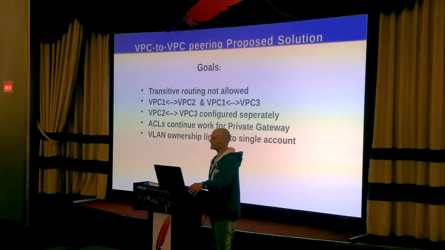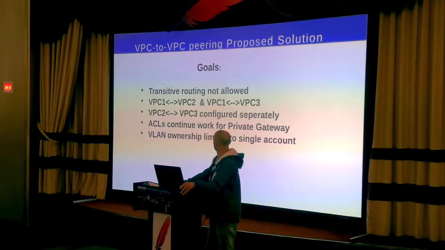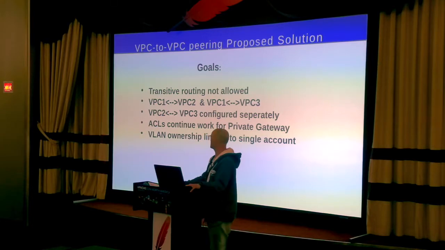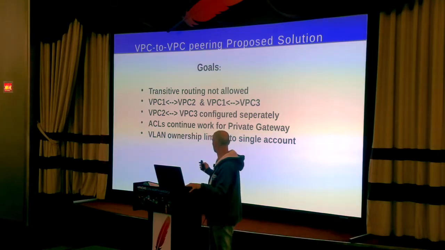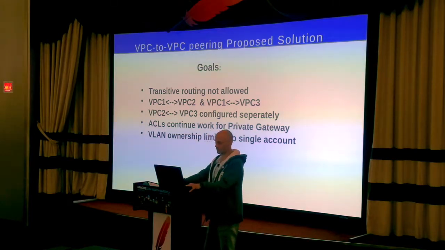Also, transitive routing between indirect VPCs will not be allowed. If VPC 1 has a direct connection with VPC 2, and VPC 1 also has a direct connection with VPC 3, that means VPC 2 and VPC 3 can't communicate with each other using VPC 1 as a middleman.